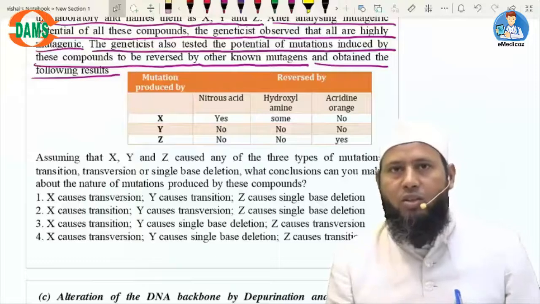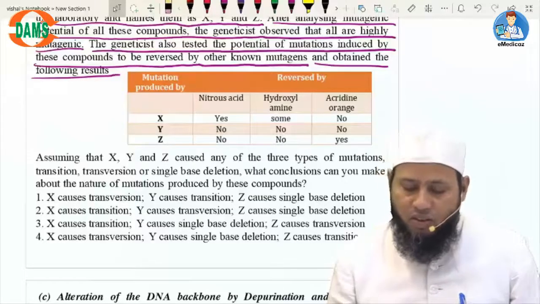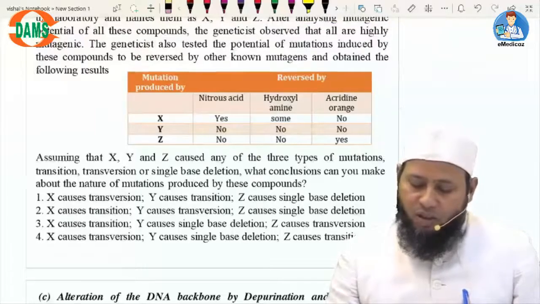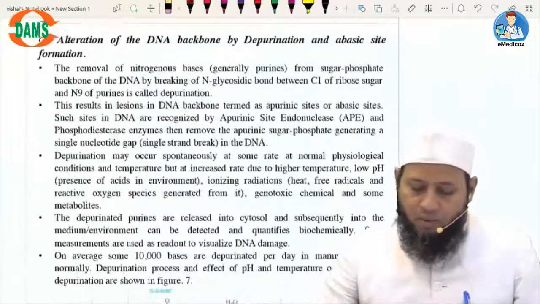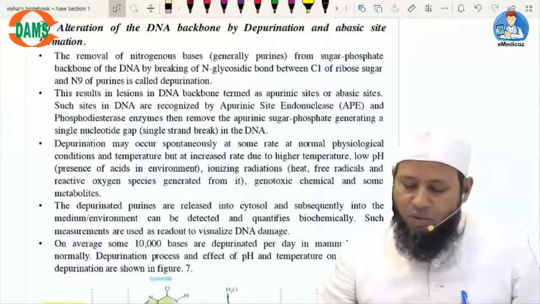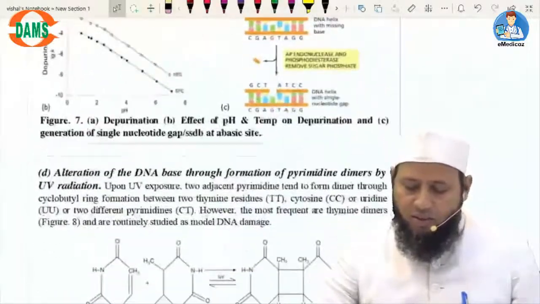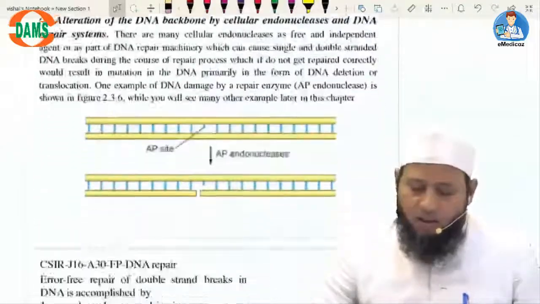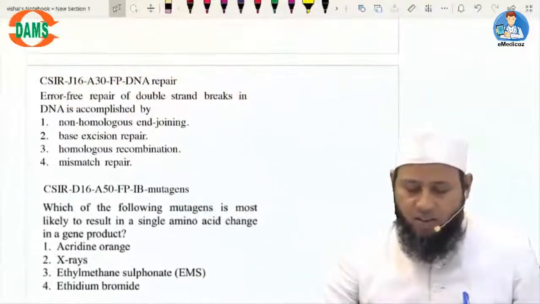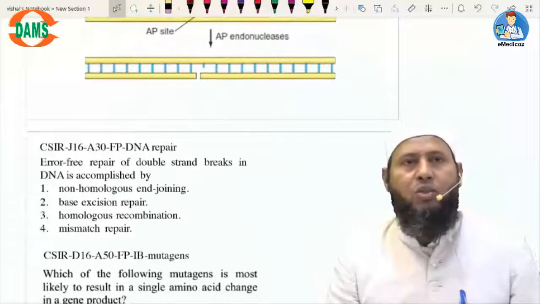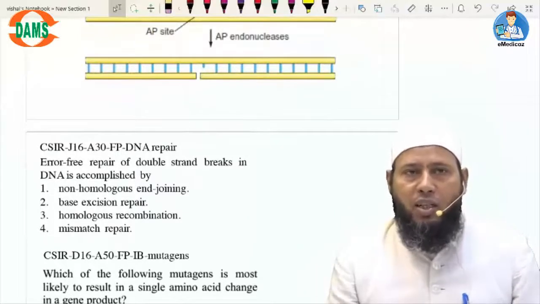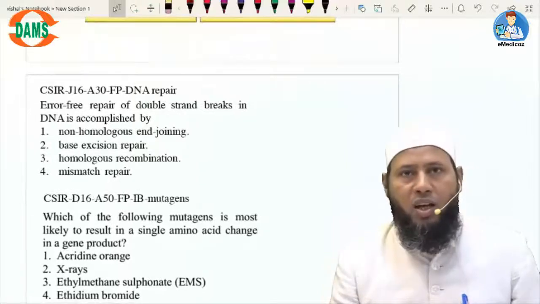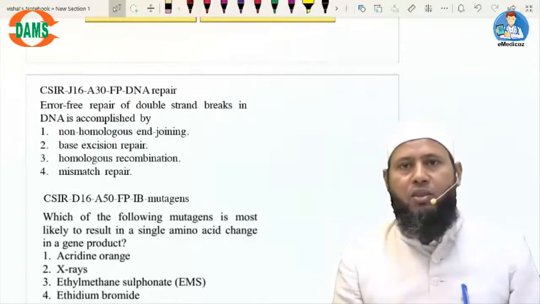So I brought these questions in my section of the fundamental process. We have discussed all these things, and based on what we discussed yesterday, there are certain recapitulation questions that have been asked at different times in CSIR.